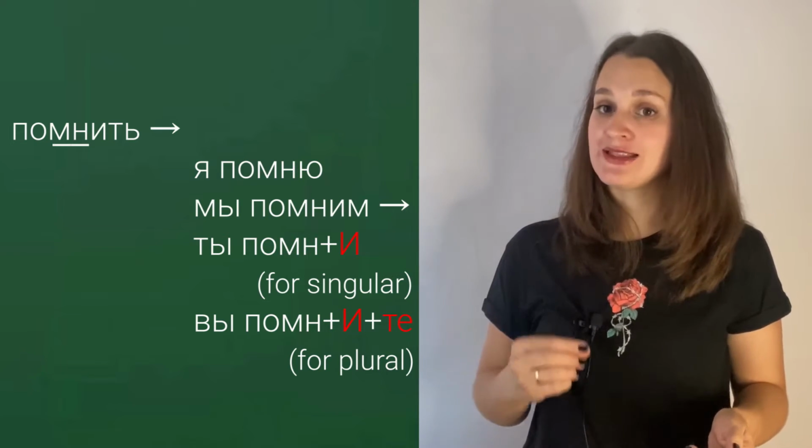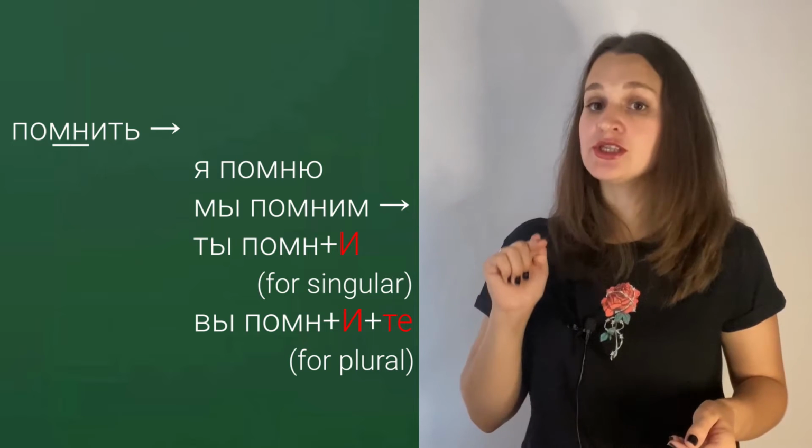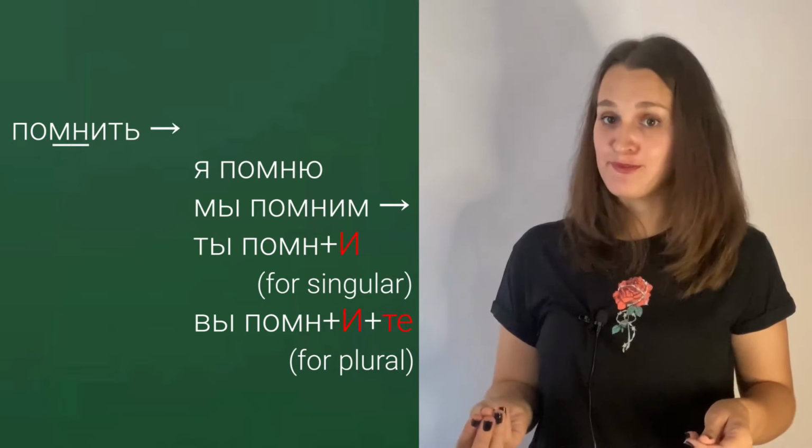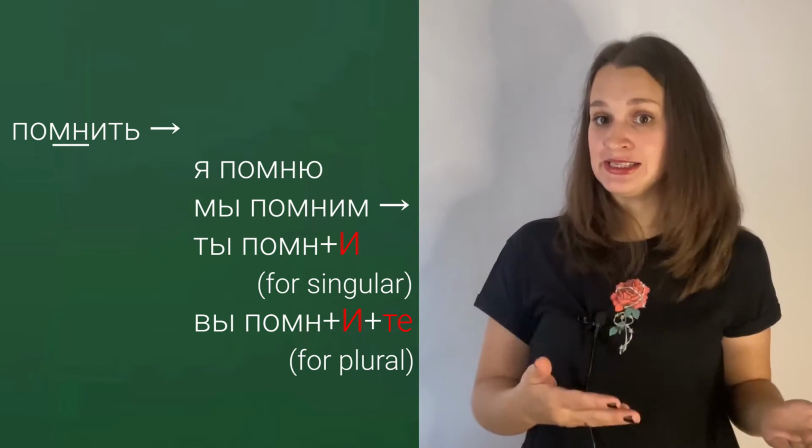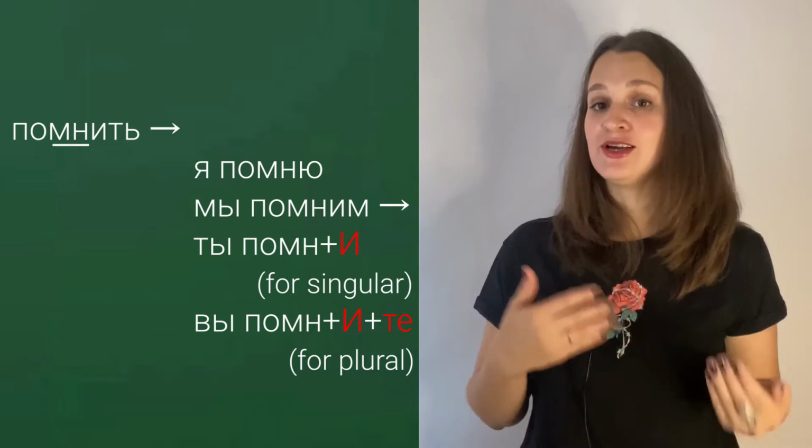We see that in the stem we have two consonants «м-н». In the imperative we will have «ты помни», «вы помните». By the way, in this verb it doesn't matter where the stress falls, because what is important here is that there are two consonants in the stem.